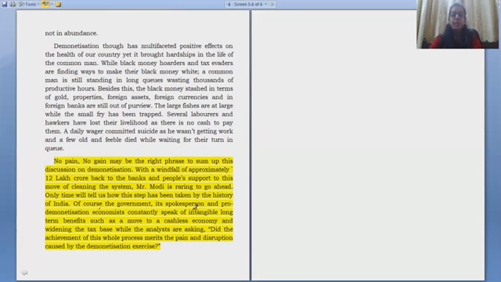Of course, the government spokespersons and pro-demonetization economists constantly speak of intangible long-term benefits, such as a move to a cashless economy and widening the tax base, while the analysts are asking, did the achievement of this whole process match the pain and disruption caused by the demonetization exercise?